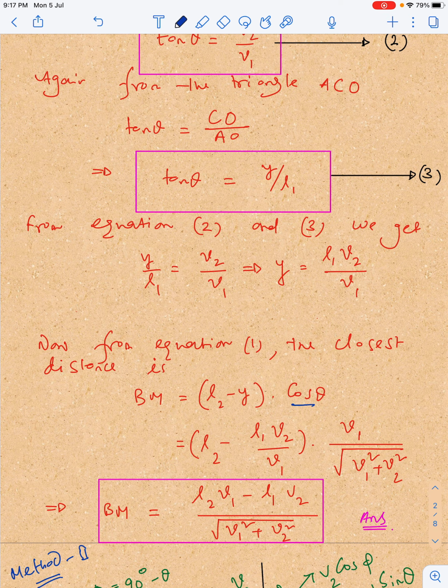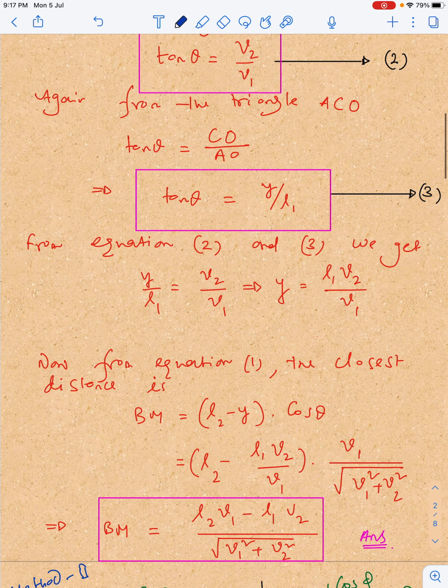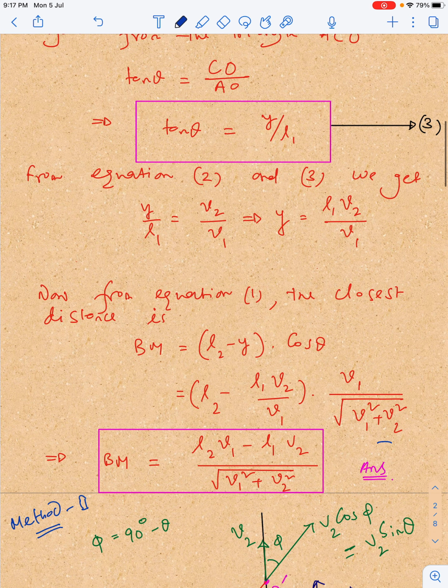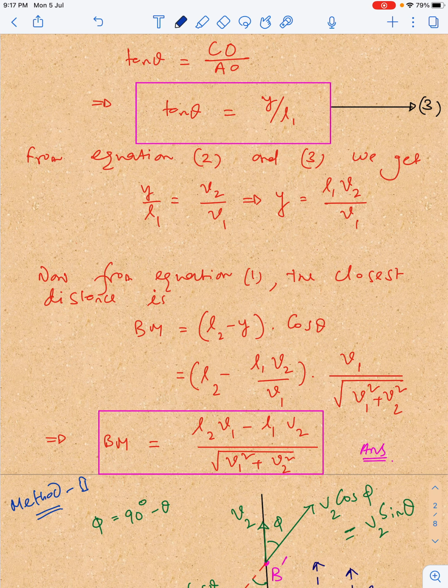Substituting the value of y, I get L2 minus L1 V2 by V1, into cos theta. Since tan theta is V2 by V1, cos theta will become V1 by root under V1 square plus V2 square. Substituting the values, we get BM equal to L2 V1 minus L1 V2 by root under V1 square plus V2 square. So we got the minimum distance. This is basically L minimum between them. So one method is over.